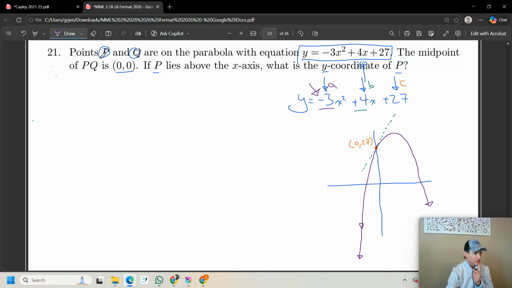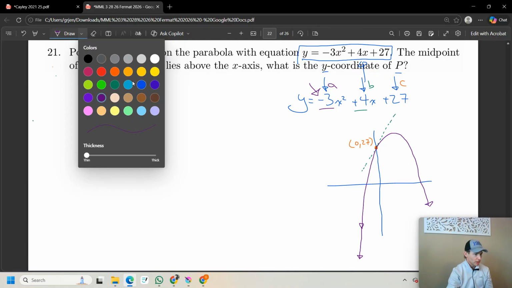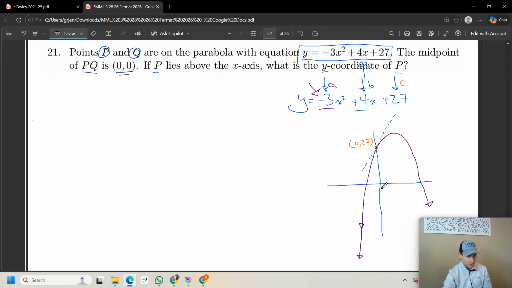Now we've got points P and Q, and the midpoint of P and Q is 0, 0. Let's draw on P and Q, in black for fun. Here's the midpoint, 0, 0, and about where does it look like it will go? Maybe there, and there, let's say.